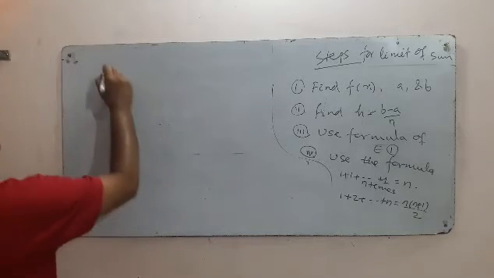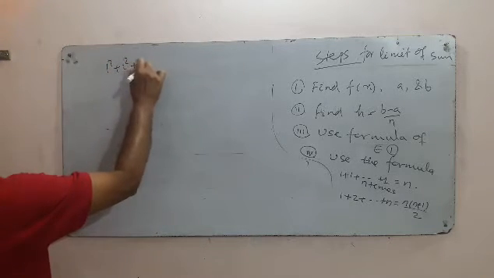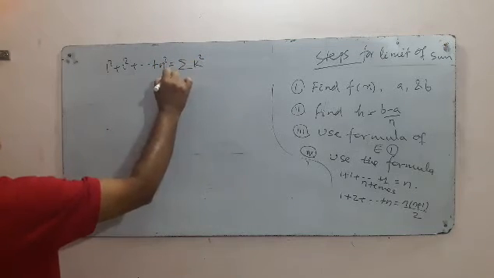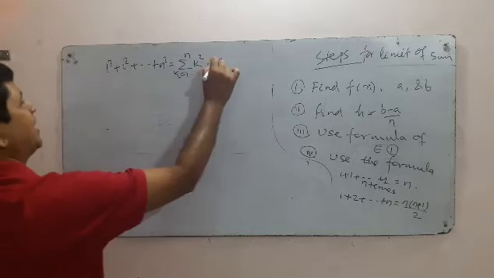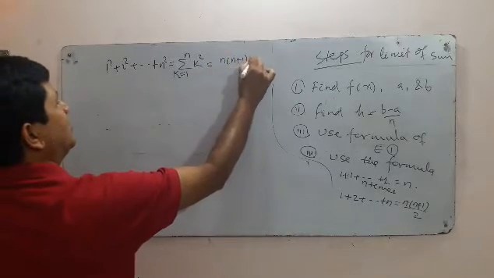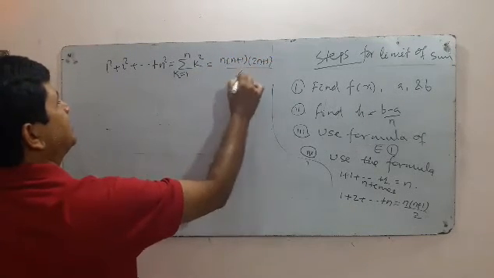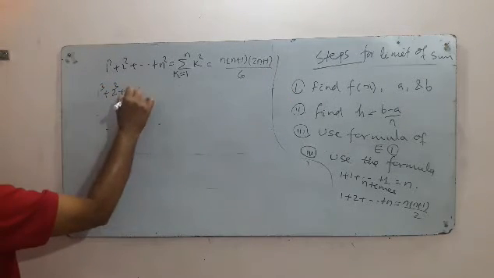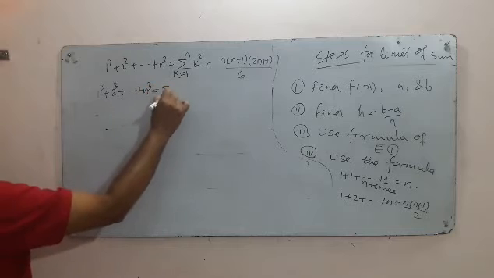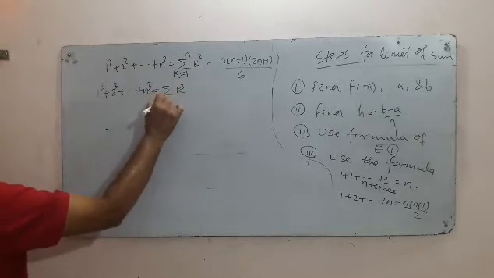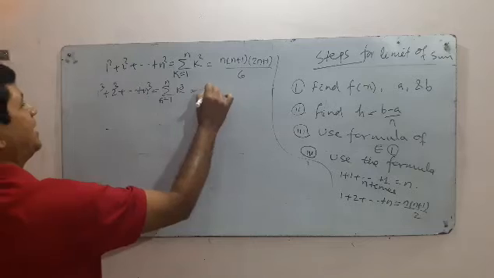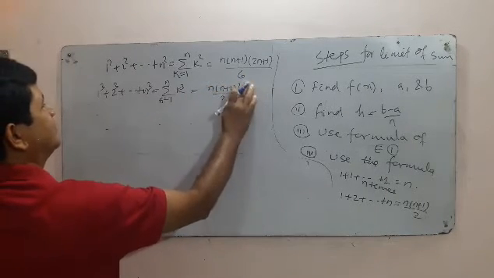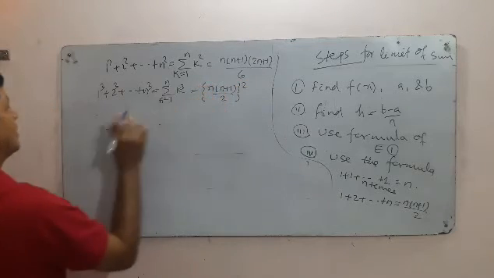Next, 1 square plus 2 square dot n square can be written as summation k square, k varies from 1 to n. It is n into n plus 1 into 2n plus 1 divided by 6. 1 cube plus 2 cube plus dot n cube is equal to summation k cube, k varies from 1 to n, which is n into n plus 1 by 2 whole square.